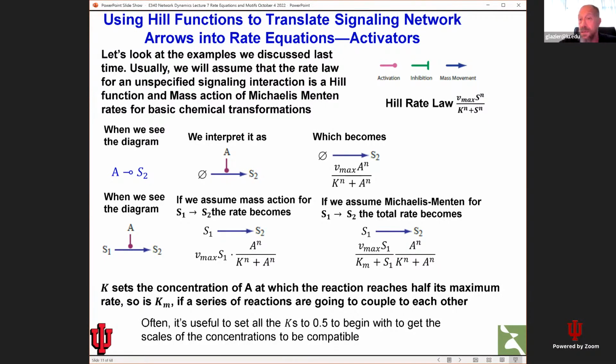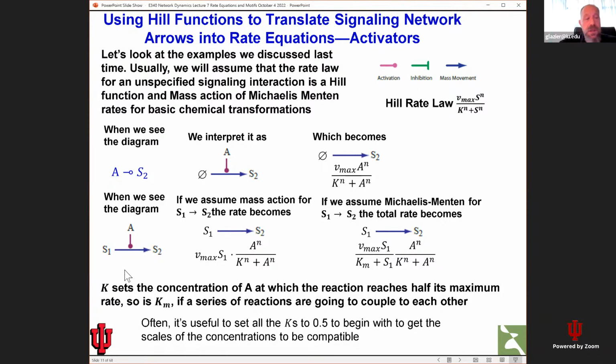Notice it does not change the dependence on the concentration of A. The only thing that does that is K. And so we have separate control over the level at which we go from not producing S2 to producing S2. If A is less than K, we produce very little S2. If A is bigger than K, we produce a lot of S2. The rate of production is given by Vmax.